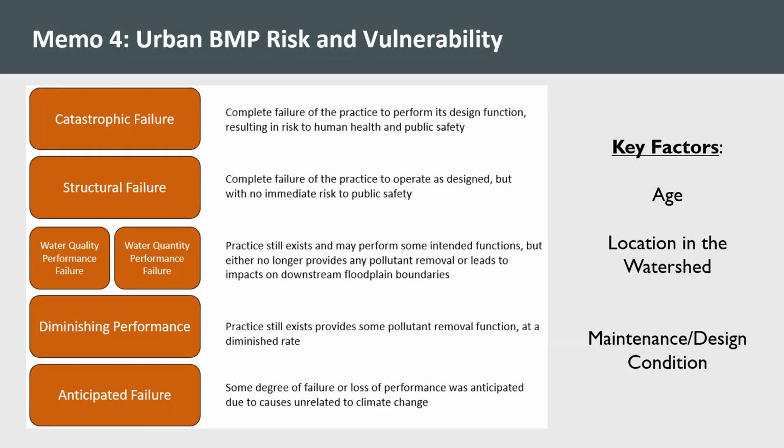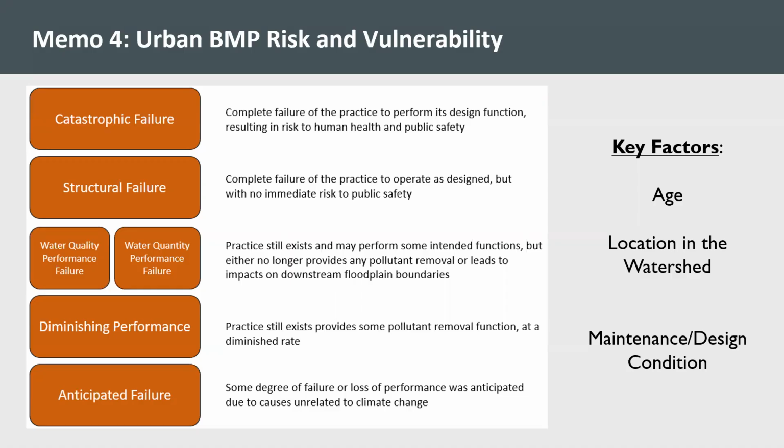So we're looking at this specifically in the lens of climate vulnerability. But there are obviously factors such as the age of the practice, the location of the practice in the watershed, and the existing maintenance or design condition that are going to play a role in terms of where something might fall on this spectrum. Climate change is really the exacerbating factor here, but a lot of the underlying issues that lead to those vulnerabilities exist outside of the lens of climate change necessarily. So, at the high end, we've got catastrophic failure, where the practice fully blows out, resulting in a very direct risk to human health and safety. Kind of working our way down, there might be failures that are structural, but there aren't those same safety implications.